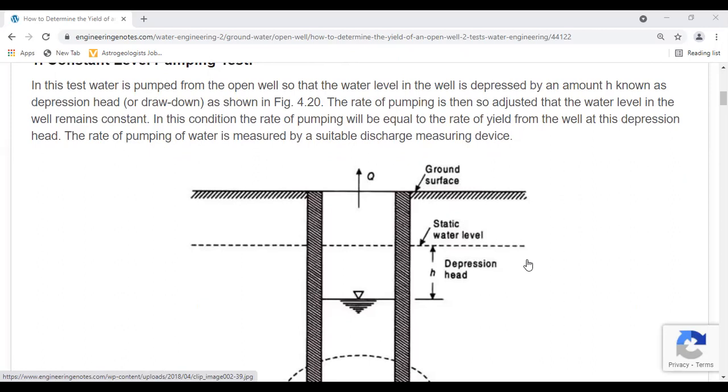At this stage, the discharge from the pump is regulated so that the rate of withdrawal equals the rate of inflow into the well. That is, a constant water level is maintained in the well. Under this equilibrium condition, the volume of water pumped out in unit time gives the safe yield of the well. The safe yield is usually expressed in meters cube per hour.